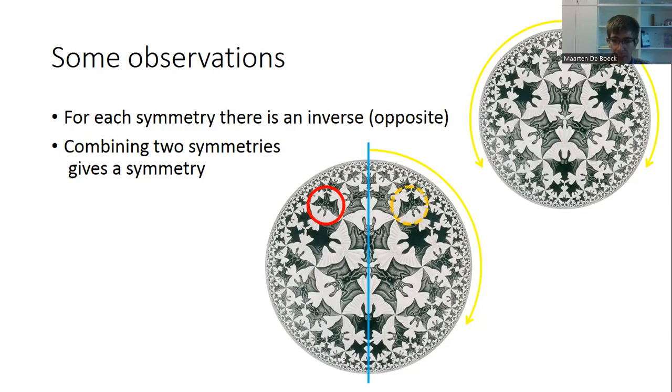If I reflect it, I get here. If I turn now around, I get here. And this is exactly the same as I would get when I reflect over this line. So combining this first reflection and a rotation clockwise, we get another reflection.